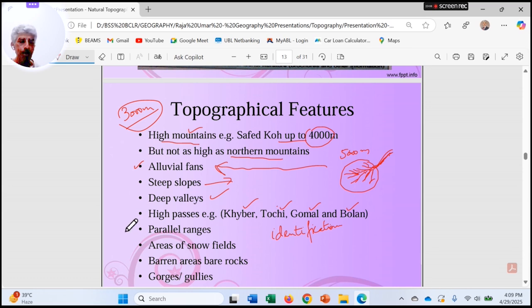So for example, if Khyber Pass is asked, it means Pakistan to Afghanistan. Tochi Pass, again Pakistan to Afghanistan. Gomal Pass, again Pakistan to Afghanistan. Bolan Pass, Sibbi to Quetta Valley.